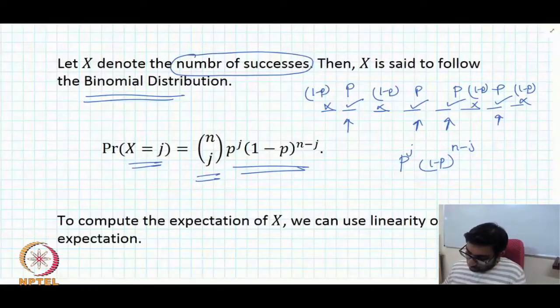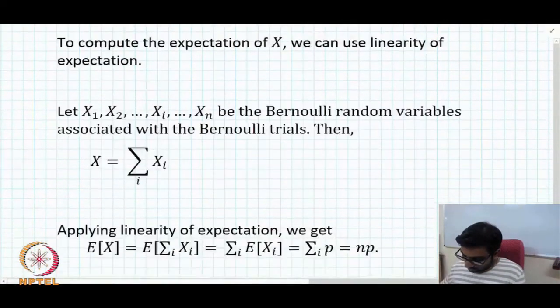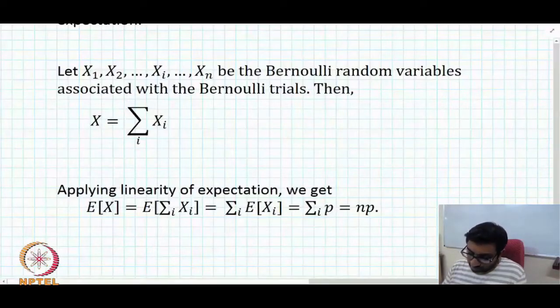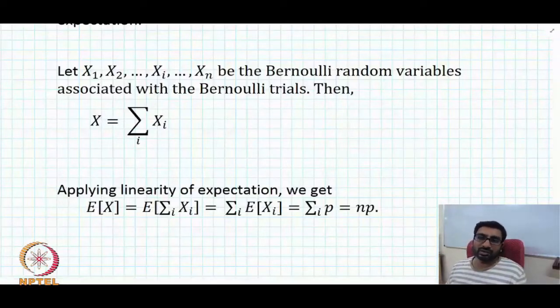Now, we can use this to compute the expectation of X, but that's going to be very complicated. But this is where the linearity of expectation comes in very handy. In order to apply the linearity of expectation, we're going to assign a random variable to each Bernoulli trial. These are sometimes called indicator random variables because they indicate whether a particular Bernoulli trial was a success or a failure.